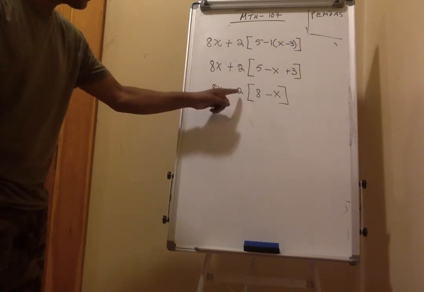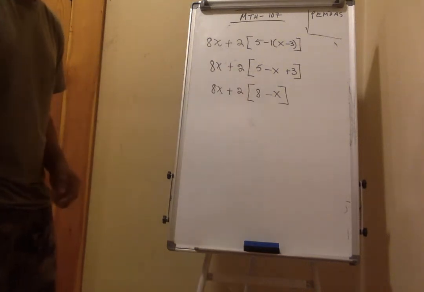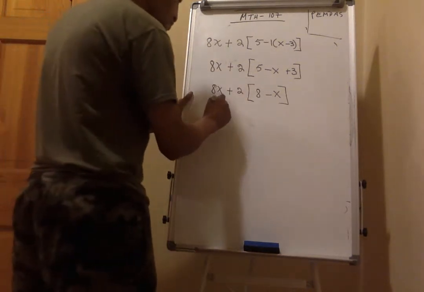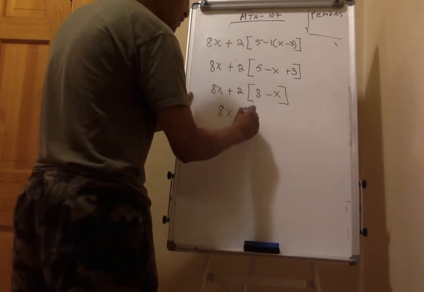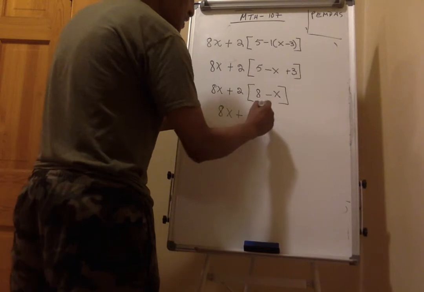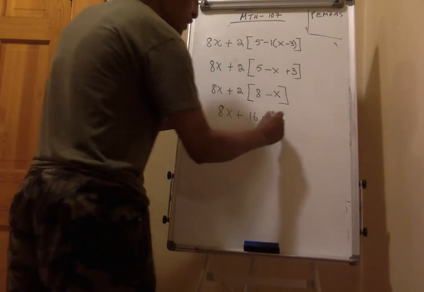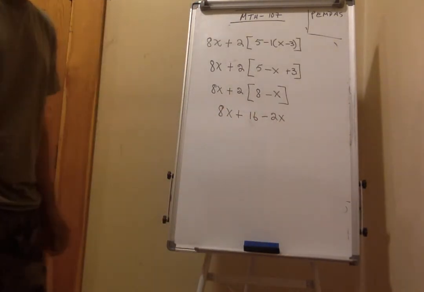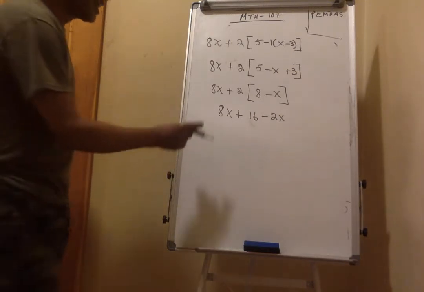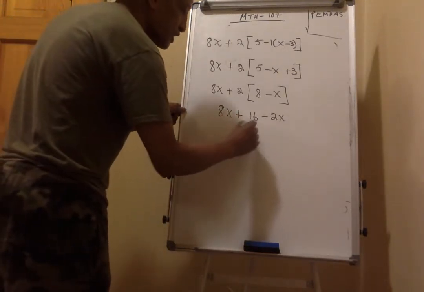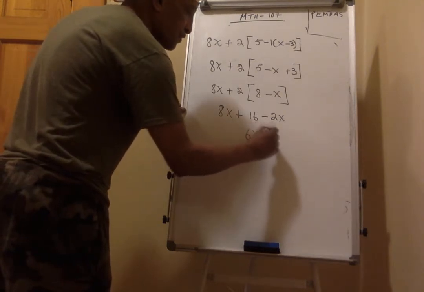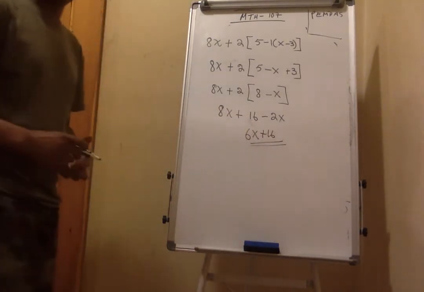It is at this juncture that I'm going to distribute 2 to everything inside. So I have 8x plus 2 times 8 is 16, and 2 times negative x is negative 2x. Now you can see clearly you have 8x and negative 2x. If you combine them together, you're going to get 6x plus 16, and then you're done.